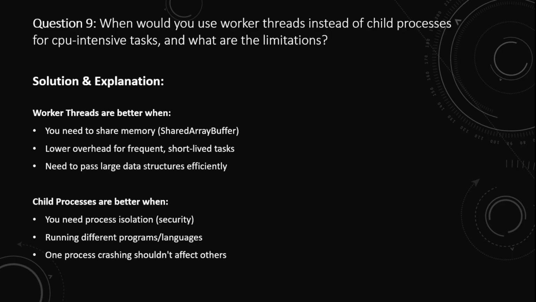And child processes are better when you need process isolation, and process isolation is required when you have security requirements as well. Child processes are allotted different memory segments for the actual implementation of the isolated environments.